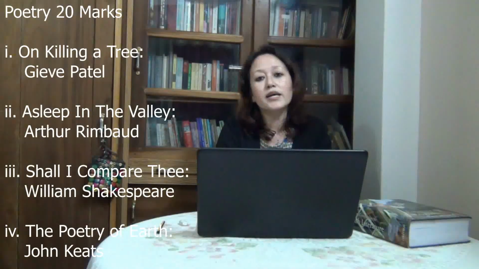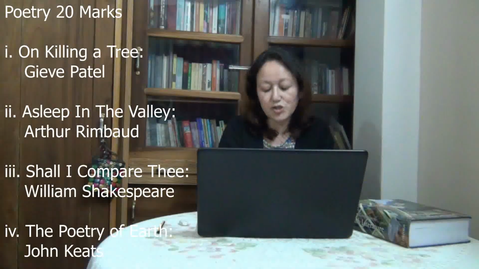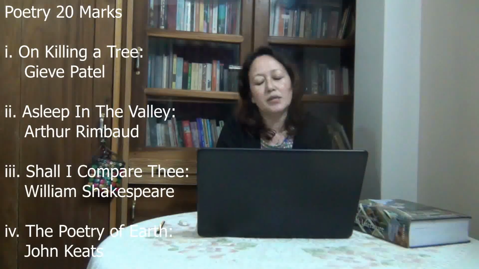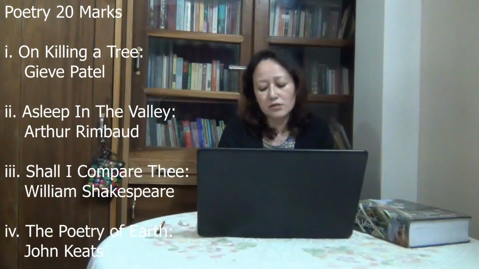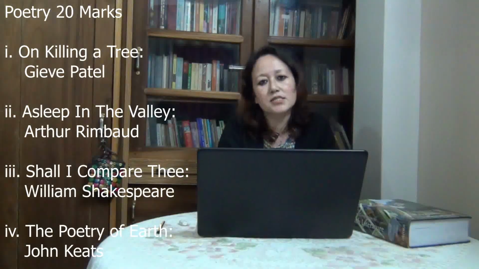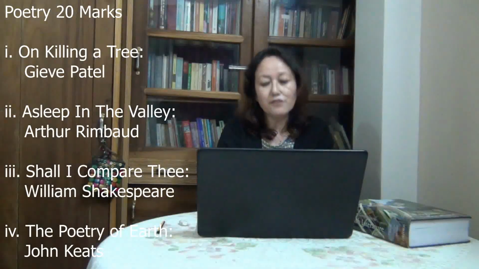In the poetry, you have On Killing a Tree by Gieve Patel, Asleep in the Valley by Arthur Rimbaud, Shall I Compare Thee to a Summer's Day by William Shakespeare, and The Poetry of Earth by John Keats.